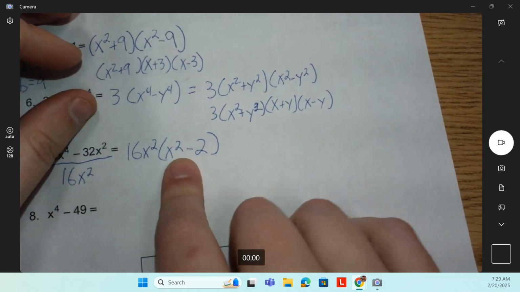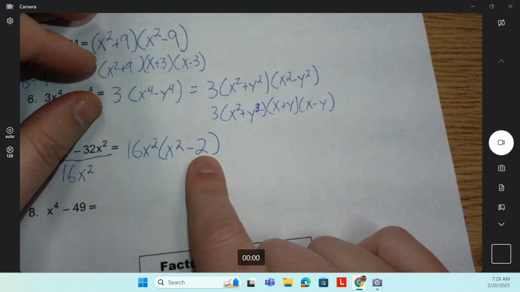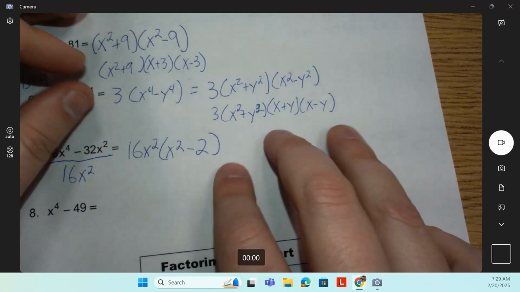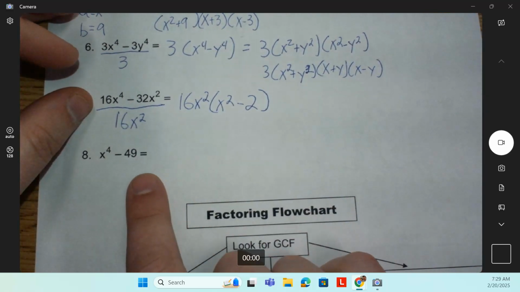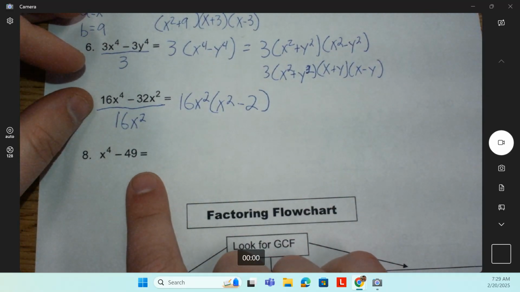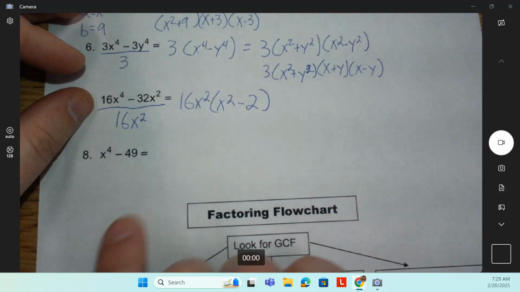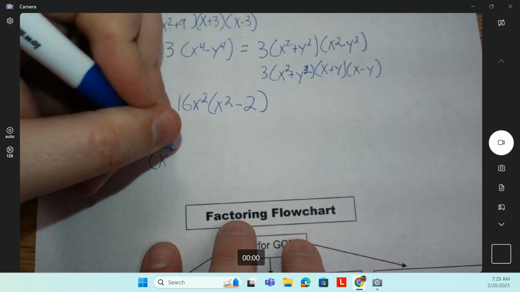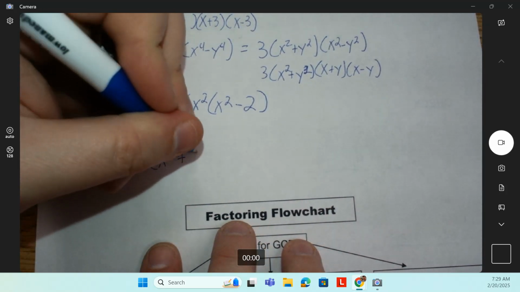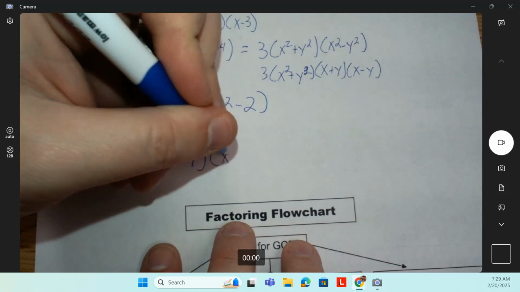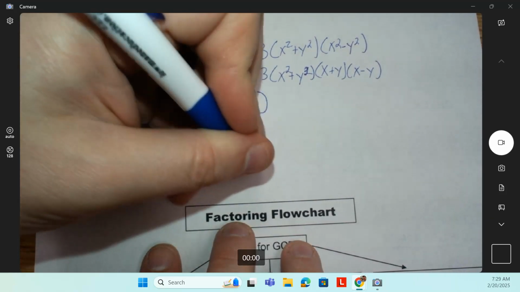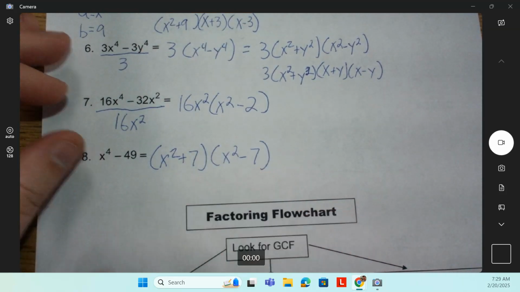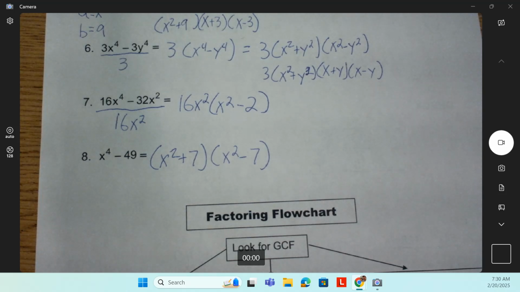And this is not difference of squares, because I can't do the square root of 2. And so this is done here. Final one, we'd have difference of squares, and it would just be a single time. So x squared plus 7, x squared minus 7, and we're done there. Just a simple two-step, and we're done on that.